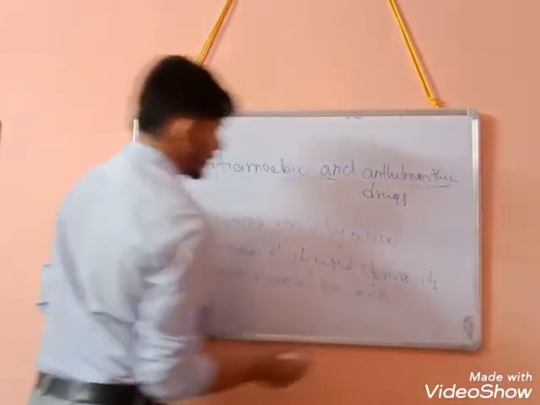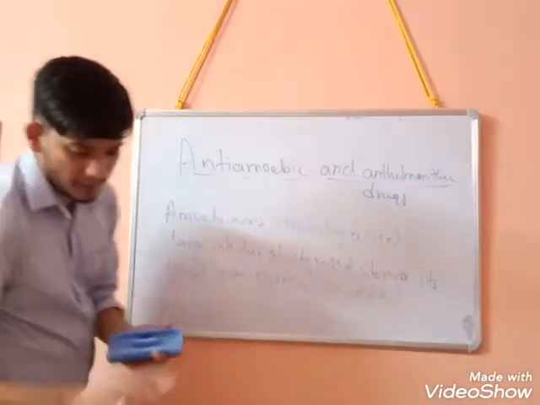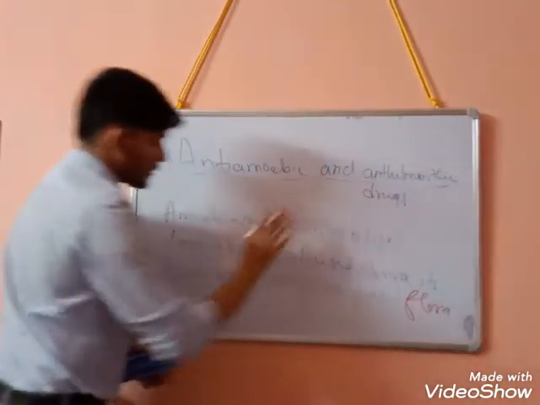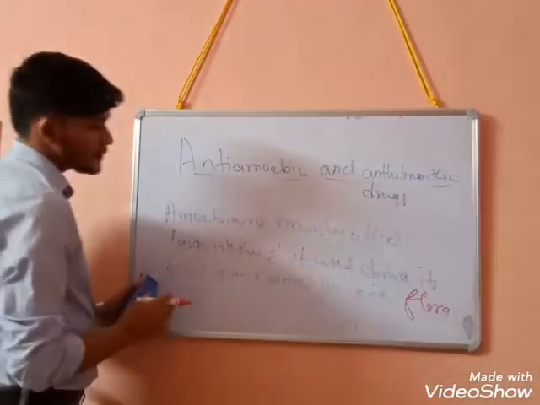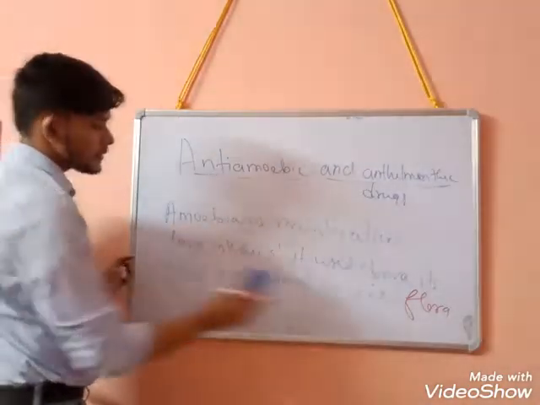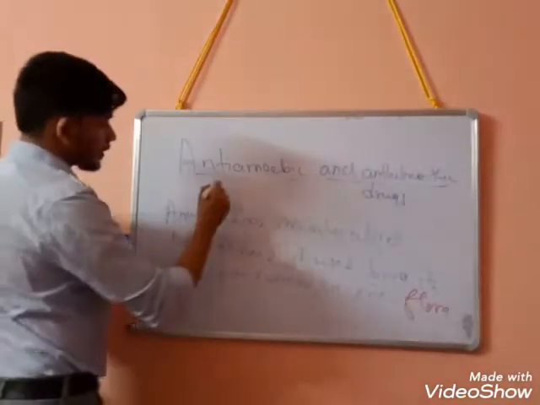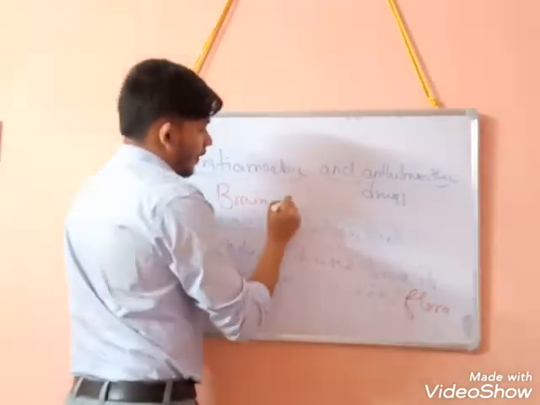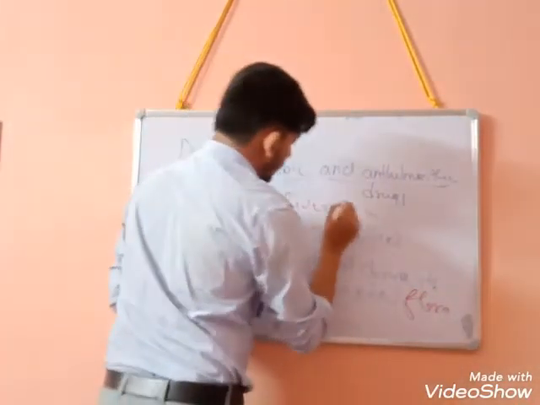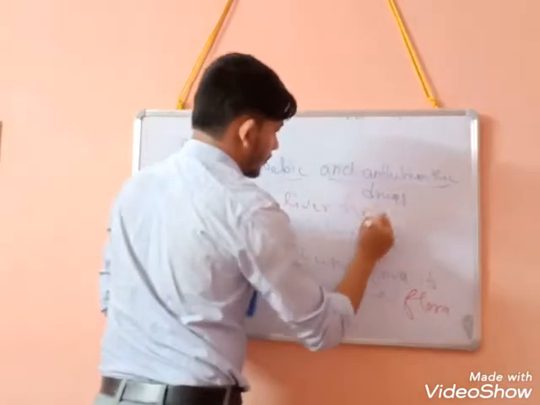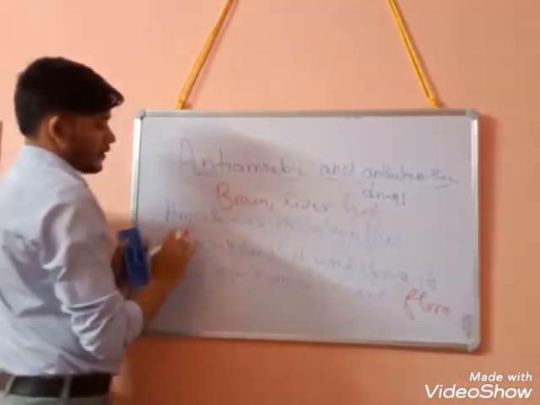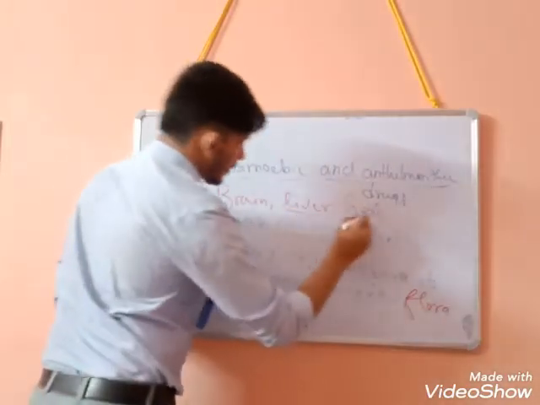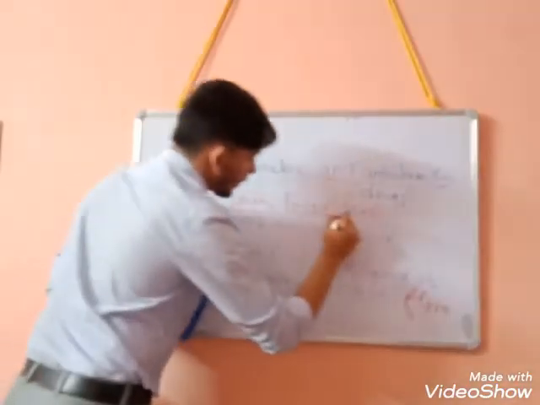But amoebiasis not only affects the large intestine, it also affects the brain and the liver of the host. So it affects the large intestine, that is the alimentary canal, and also the brain and liver of the host.